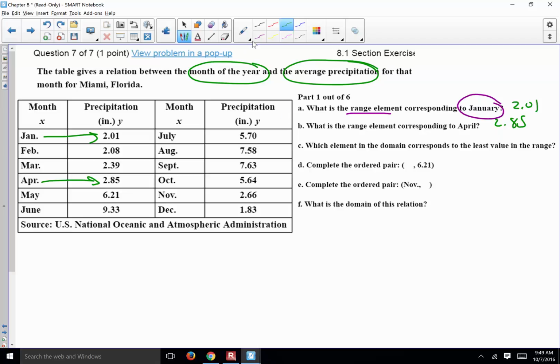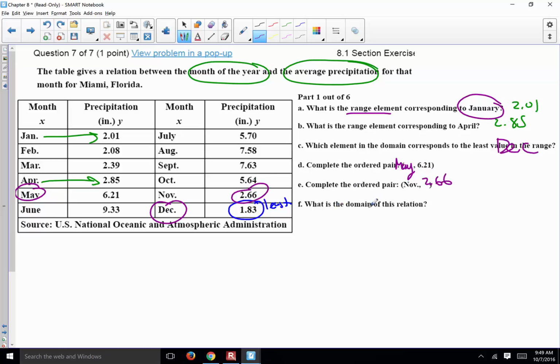What's the least amount? When do you get the least rain or precipitation? December. So this is least. So which month is it happening? December. Alright, complete the ordered pair. Which month corresponds to 6.21? May. November, what is the precipitation in November?